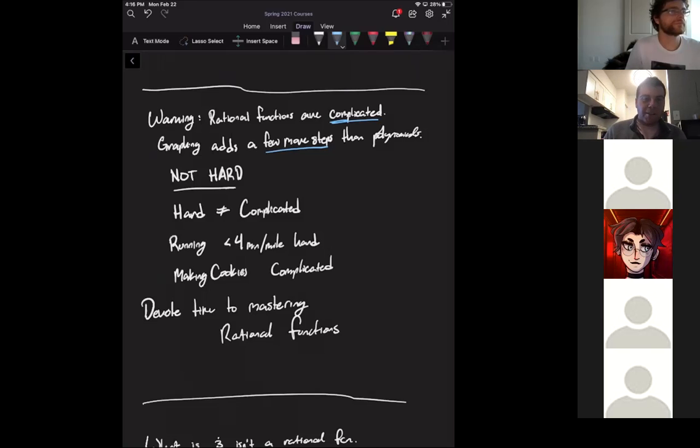You usually have to follow a recipe. No one would describe that as hard. There's just a lot of steps to remember. So rational functions are going to be a little more like making cookies rather than running a 4-minute mile. Anyone can make cookies. There's just a lot of steps to it.